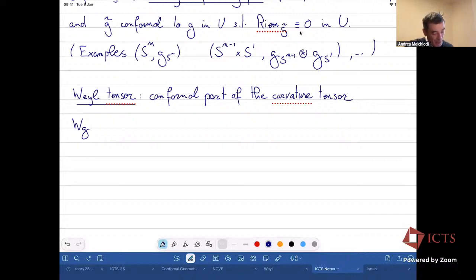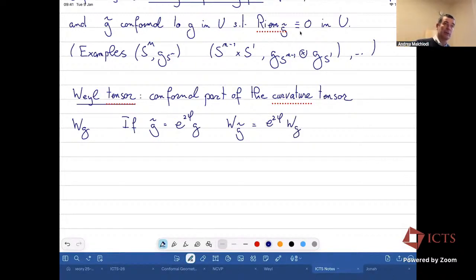So if you have a metric g tilde, which you can write as e to the 2 phi times g, a conformal metric, then the Weyl tensor with respect to g tilde is equal to e to the 2 phi times W_g.